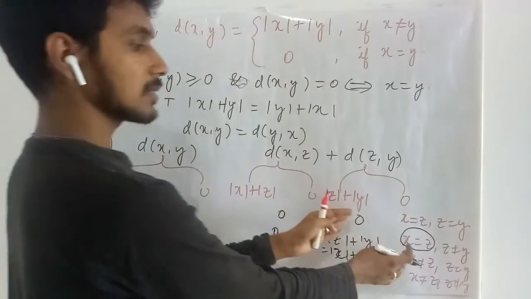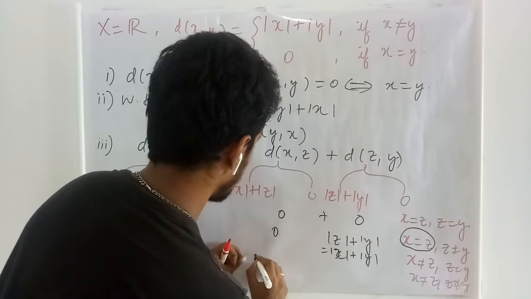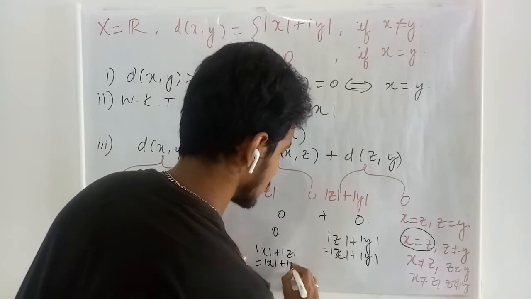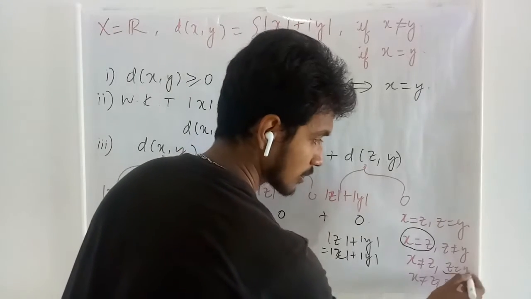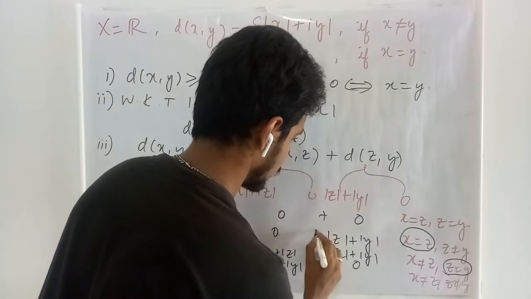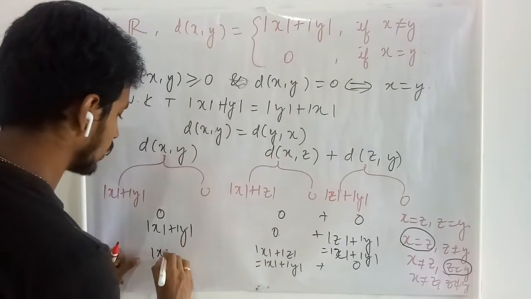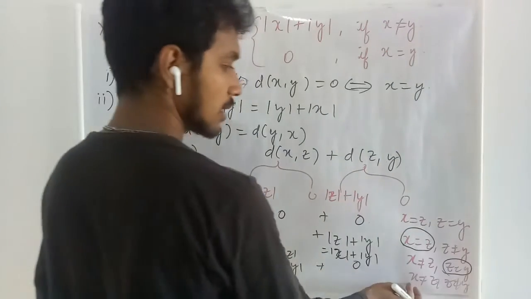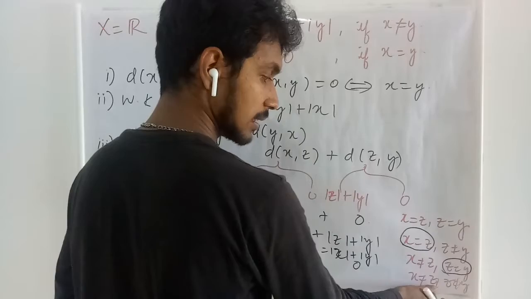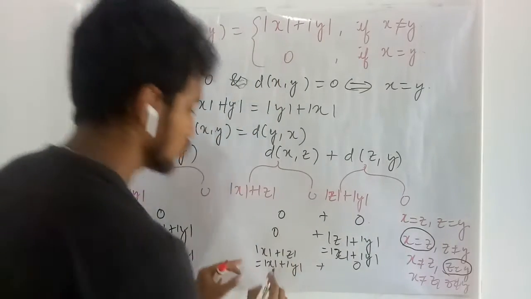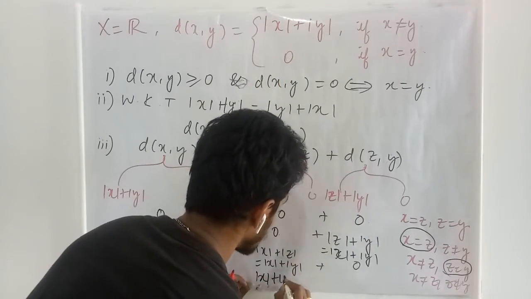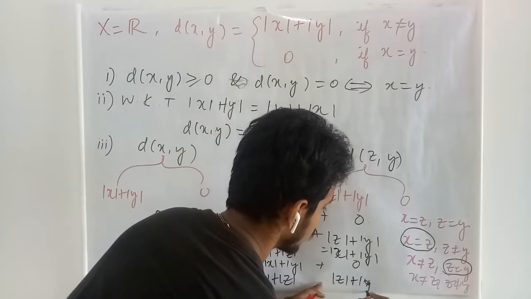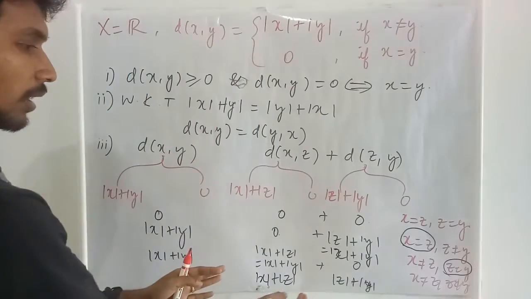The same is applied here, but here we will have absolute of x plus absolute of z, which is going to be absolute of x plus absolute of y because of this, and here we will have 0, and here it is going to be absolute of x plus absolute of y. In the last case, x is different from z and z is different from y, which means here we will have absolute of x plus absolute of z, and here absolute of z plus absolute of y. This is what we are going to have.